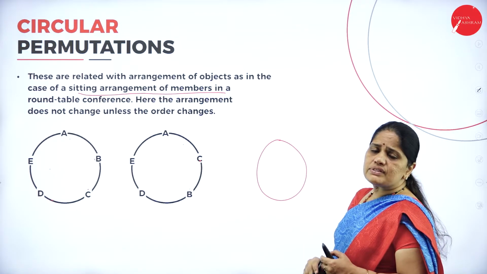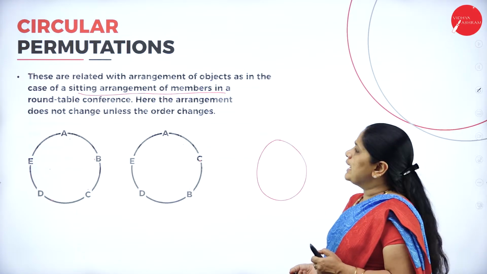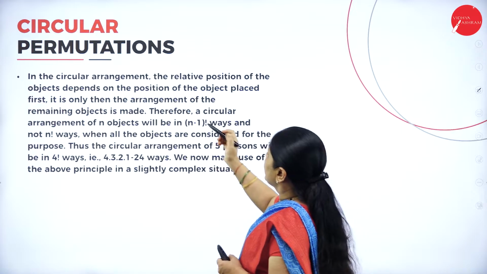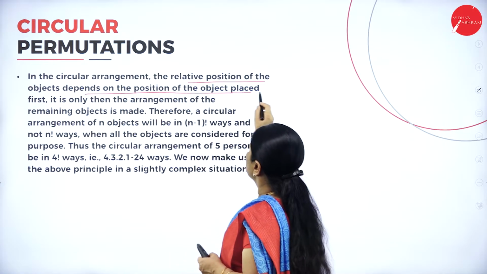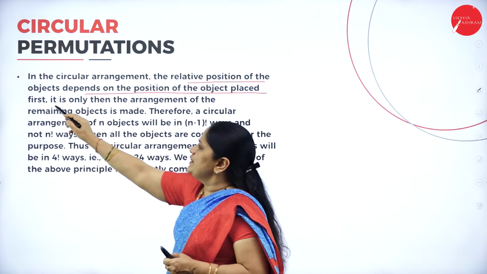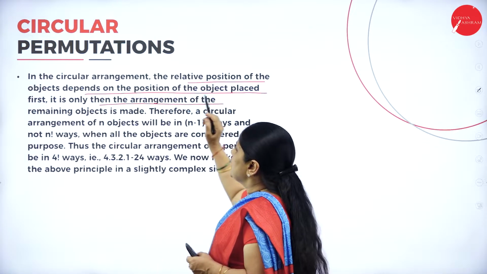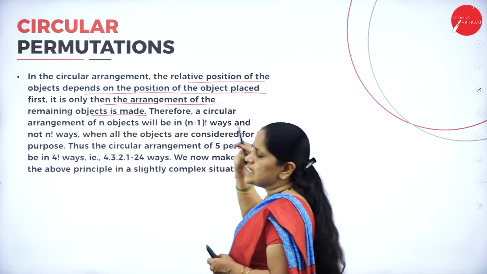So in the case of circular permutations, how do you calculate? In a circular arrangement, the relative position of an object depends on the position of the object placed first. It is only then that the arrangement of the remaining objects is made.